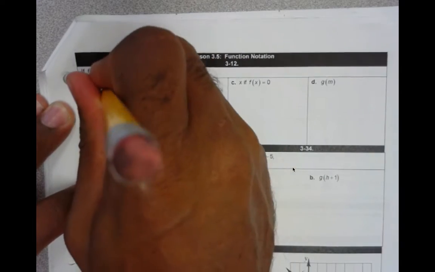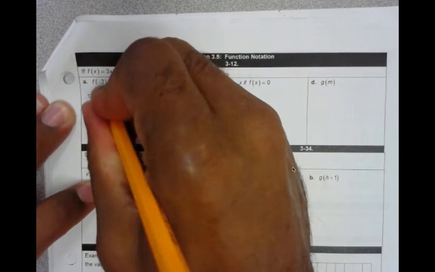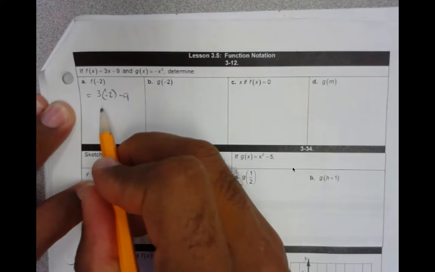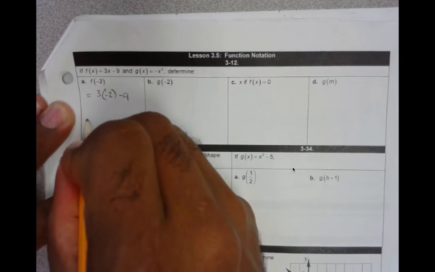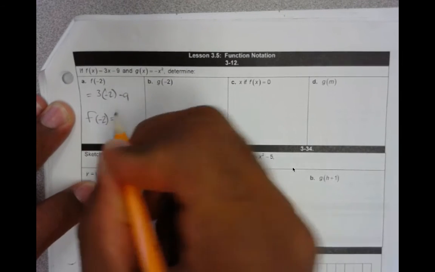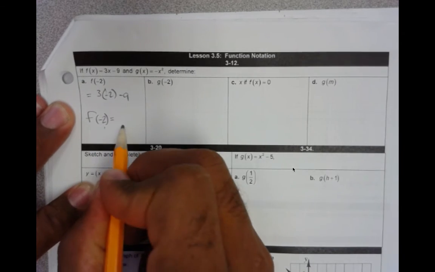So I want to make sure that I use parentheses as I work through this. So put parentheses in there. That way I know I need to multiply that. As I work through that and figure out the answer, you're going to have to do that part. I want to make sure that I answer it by putting f of -2 equals whatever that number is. This is your input, that's the output.